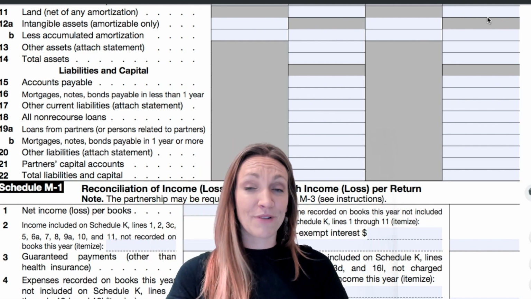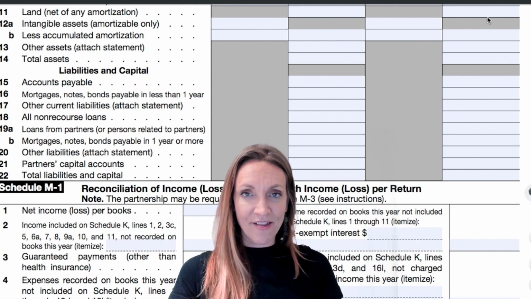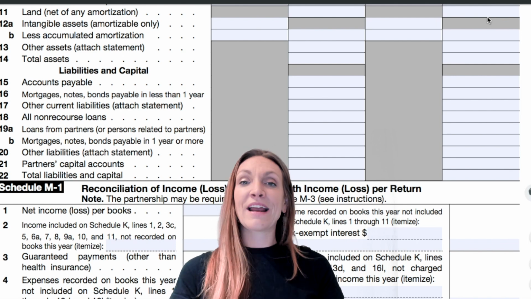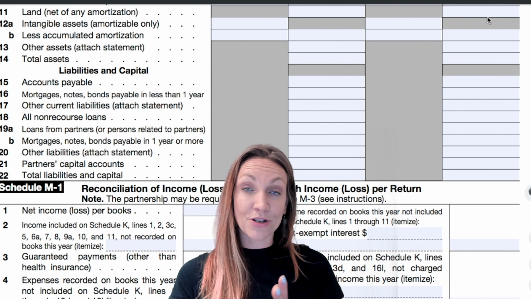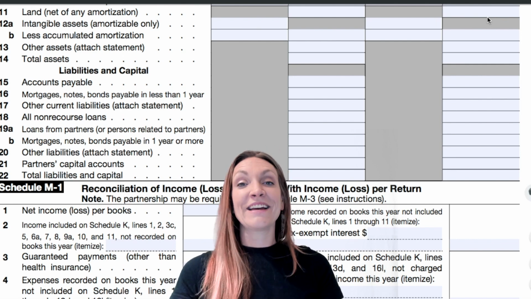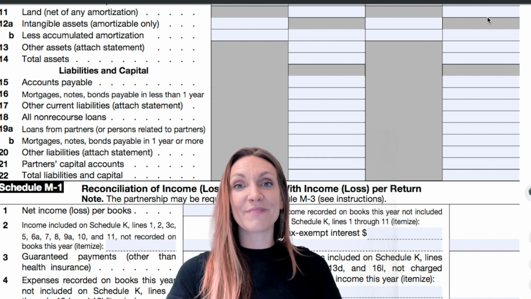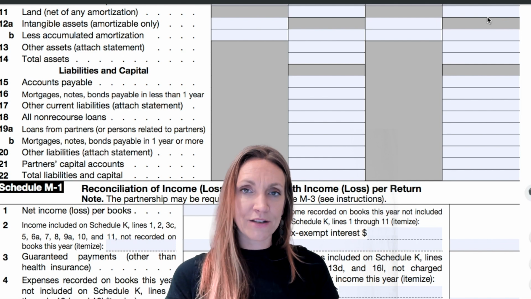And you want to keep really good records in a partnership because you have to allocate your income and expenses to each partner. And if you don't have records that break that out, then it can be hard to know how to do that. And you're dealing with friends and families' money, or partners even, but hopefully they become friends, right? And so you want to have a good relationship with them.